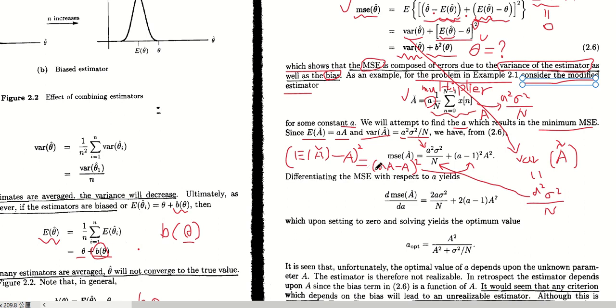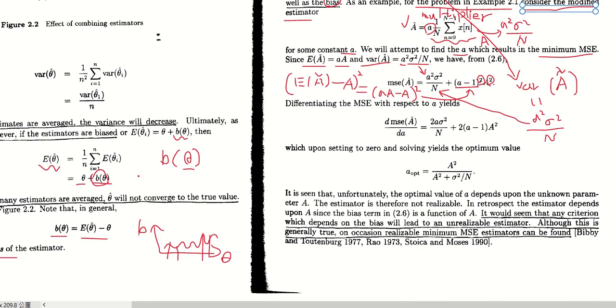You take the a minus 1 out, you get a minus 1 squared, and then A squared. Okay, so eventually you get to the point of a squared sigma squared divided by n plus a minus 1 squared A squared.